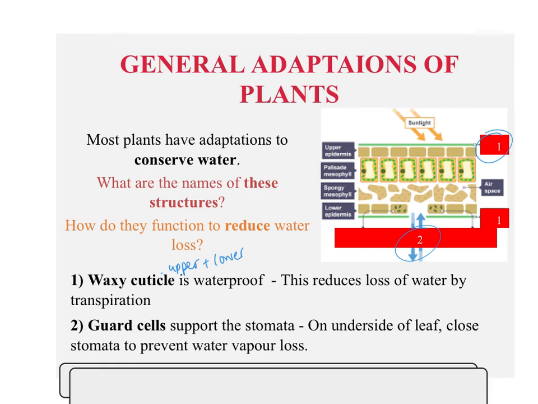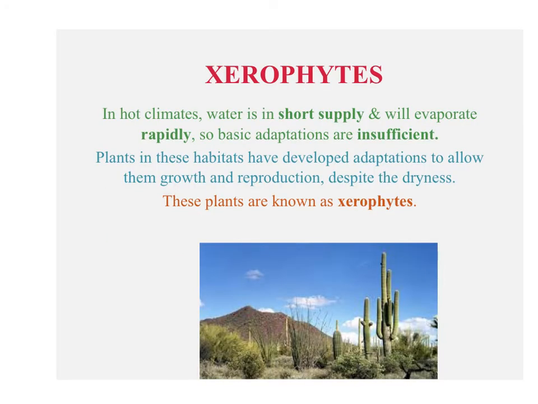Those guard cells are supporting the stomata. They open and close depending on the water concentrations of the leaf. They help to control water loss and minimise it if the plant is in a situation of stress. Other plants that live in different conditions will have other adaptations.